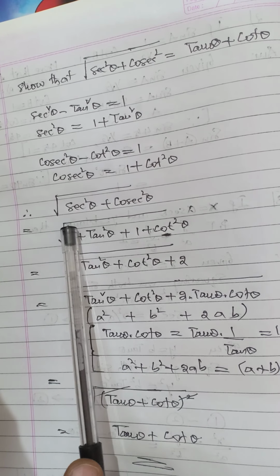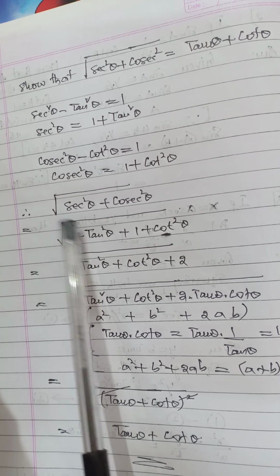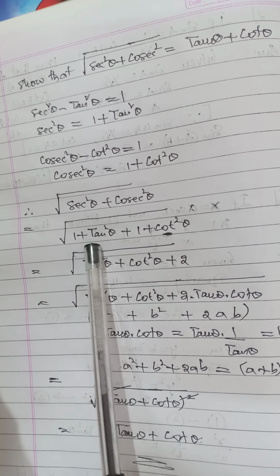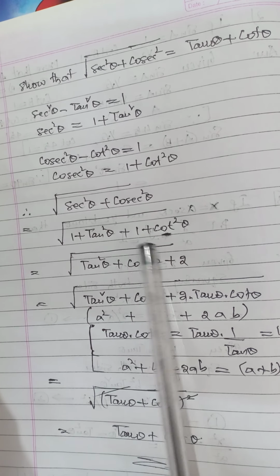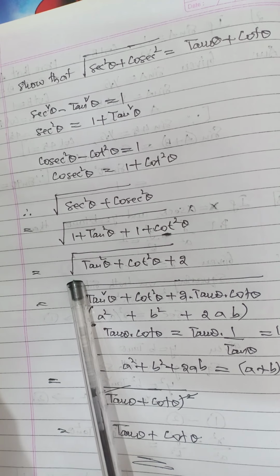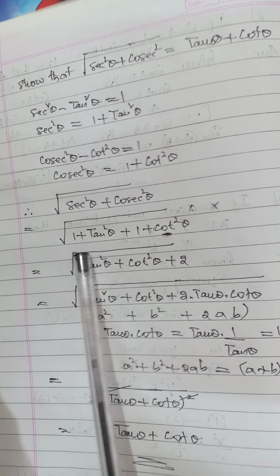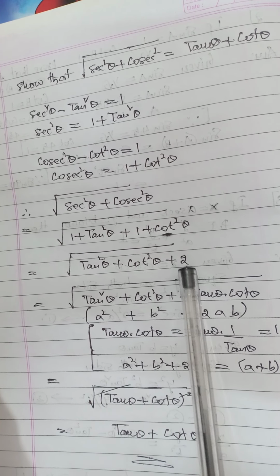So in the given question, secant square theta plus cosecant square theta. So square root of, instead of secant square theta, I write 1 plus tan square theta, and instead of cosecant square theta, I write 1 plus cot square theta. Now I just reshuffle the terms. First I write tan square theta, then cot square theta, plus 1 plus 1 is 2. Now here is the key step. 2 can be written as 2 into 1.